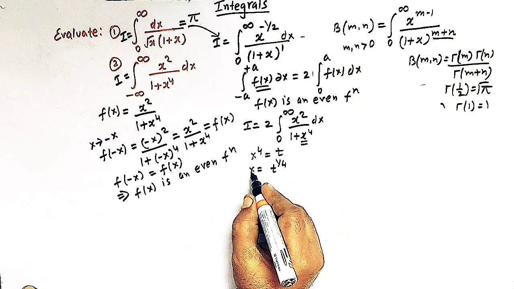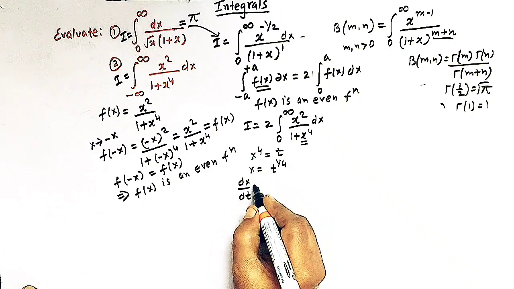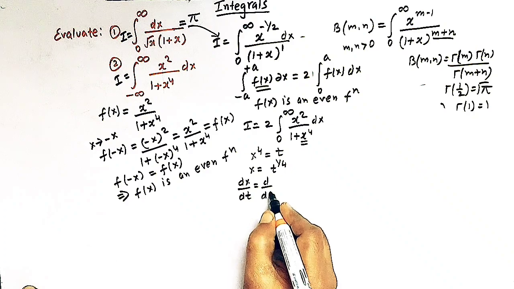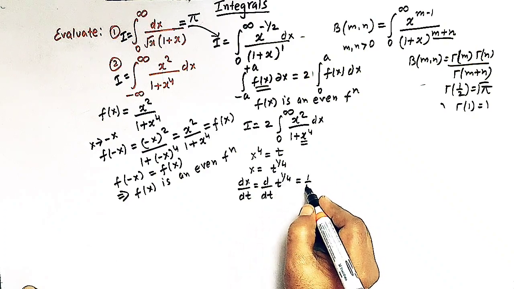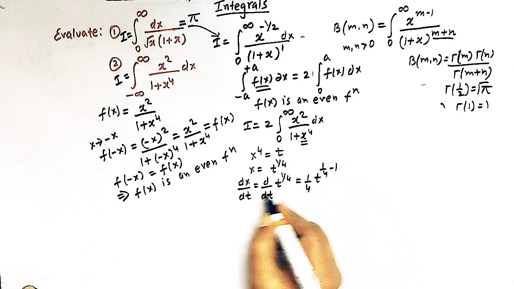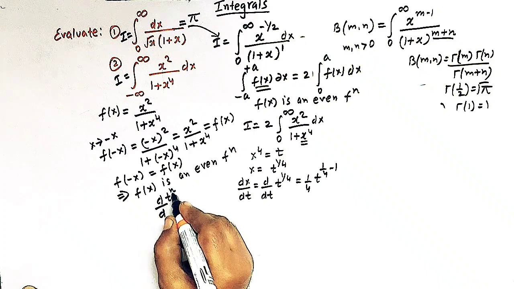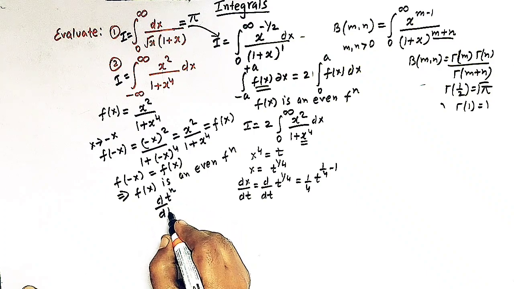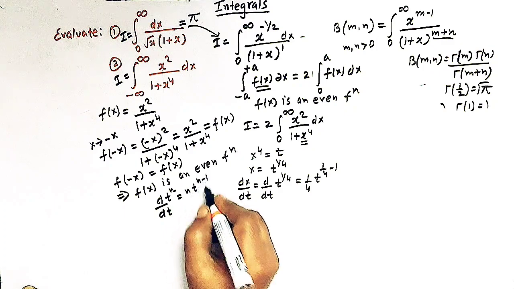Now let us differentiate x with respect to t. So dx over dt is equal to d by dt of t raised to 1 over 4. That is 1 over 4 t raised to 1 by 4 minus 1, applying the power rule, that is the derivative of t raised to n with respect to t is n t raised to n minus 1.